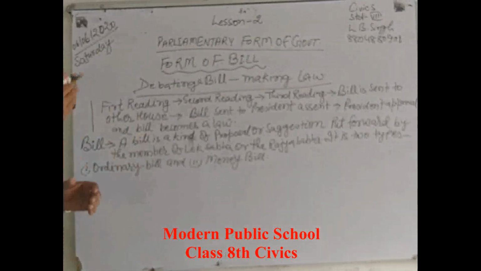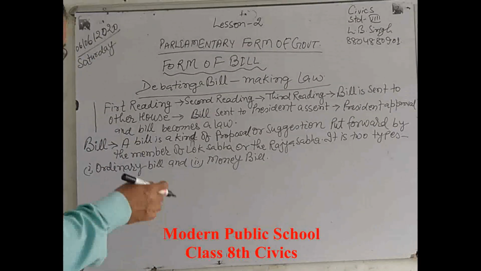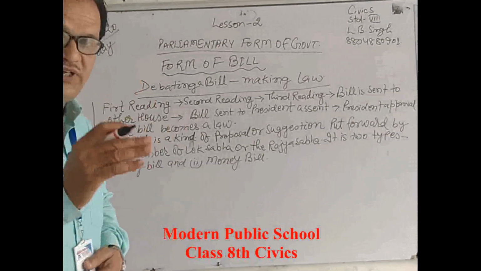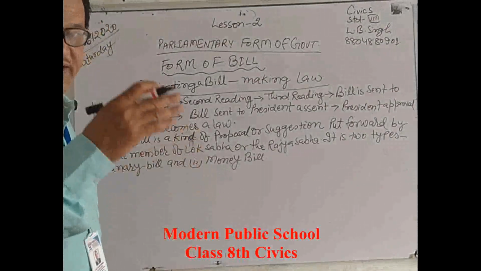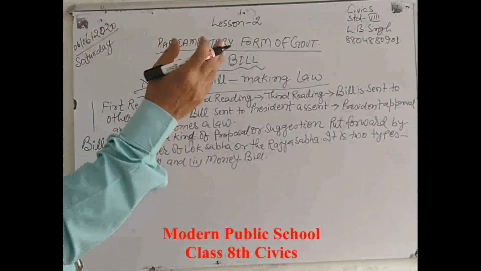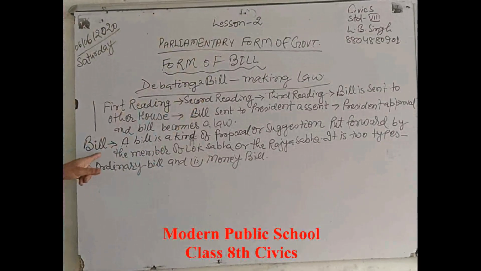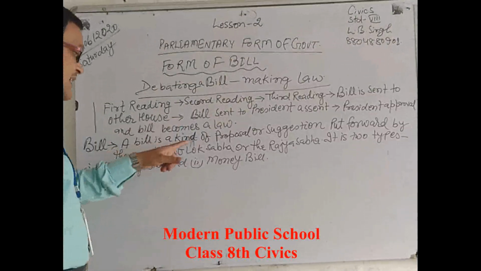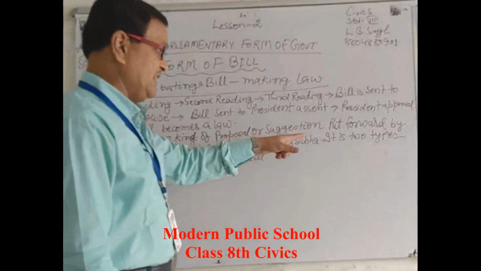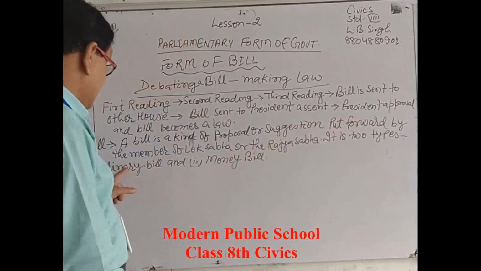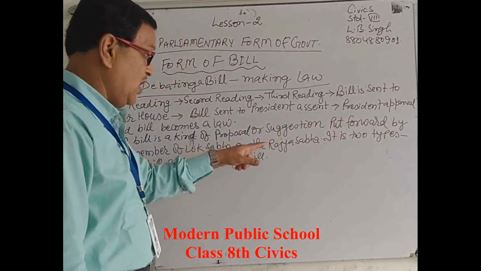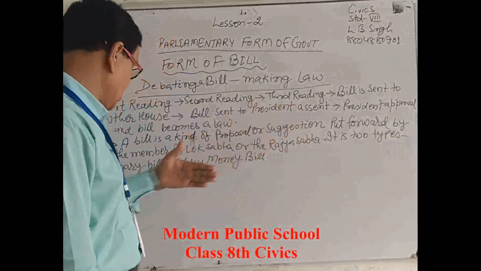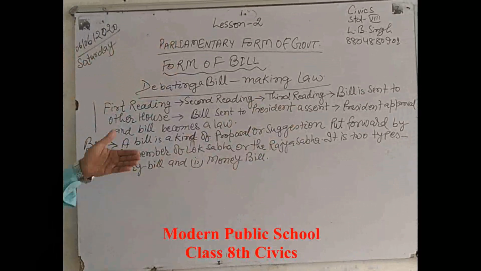I have told you all bills originate from the Lok Sabha, then are sent to the Rajya Sabha. So this is written in a sentence: a bill is a kind of proposal or suggestion put forward by a member of Lok Sabha or the Rajya Sabha. It is of two types, ordinary bill and money bill.